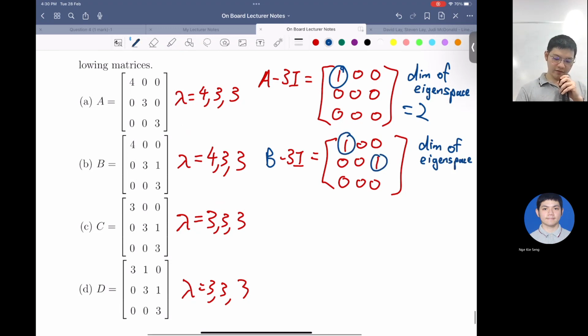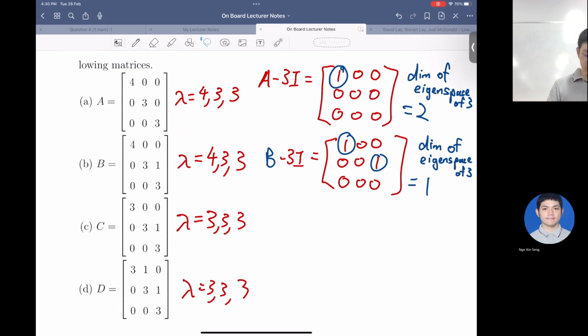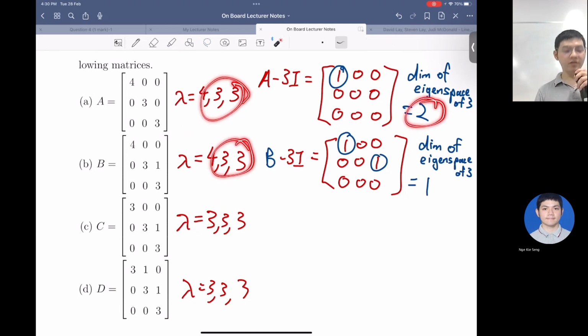How many pivots do you have? 2. So what's the dimension of the eigenspace? 1. Right? So you can see that the algebraic multiplicity here is not equal to the geometric multiplicity. In the second case, they are not equal. In the first case, they are equal.